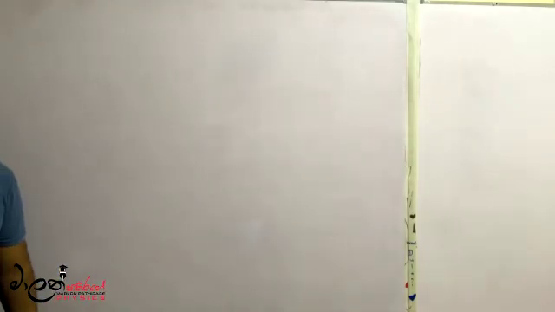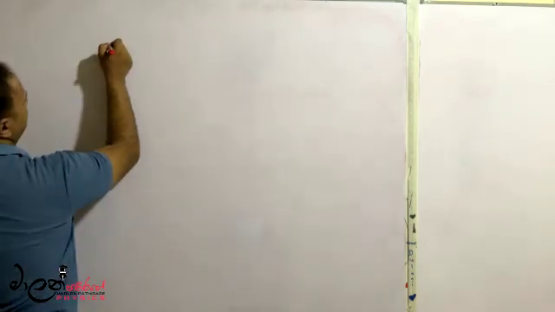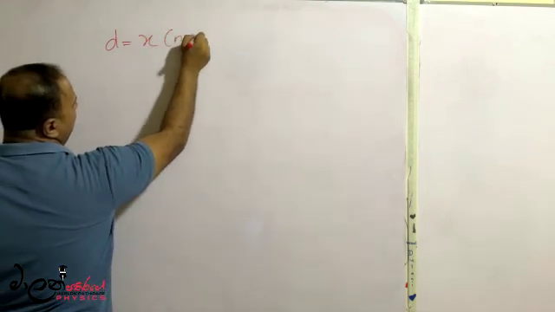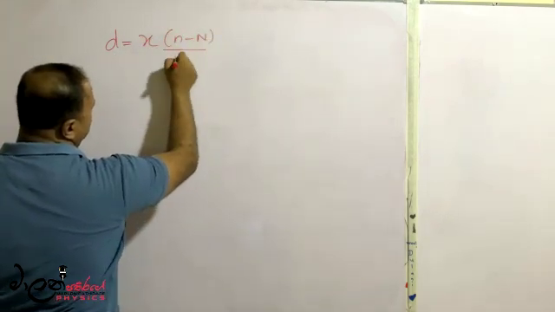Now this is the equation: x equals (n minus capital N) over n.